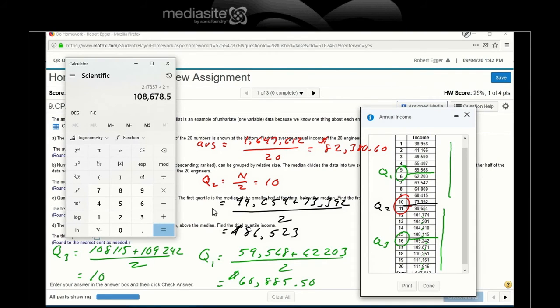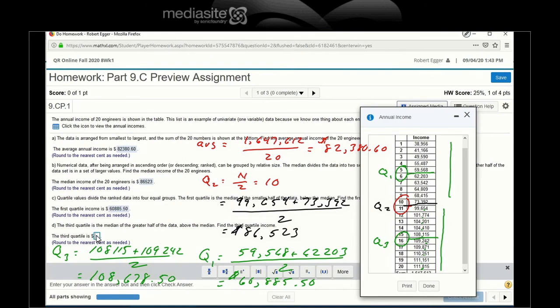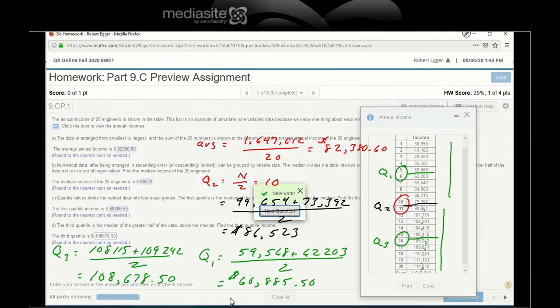That's $108,678.50. Nice work. Alrighty.